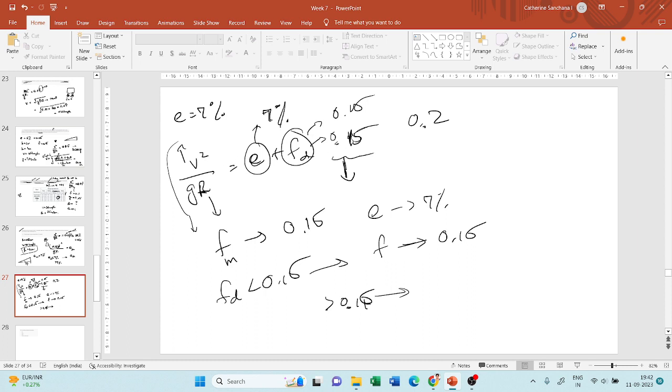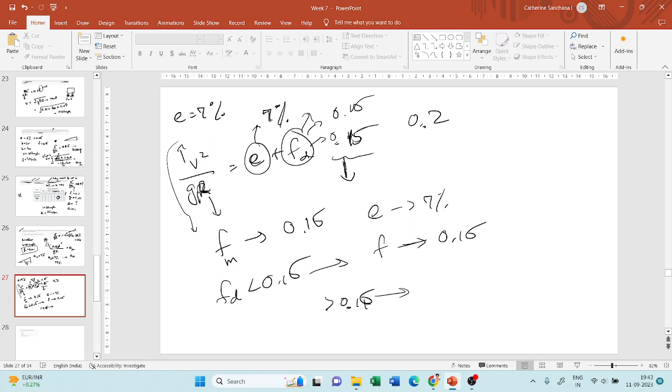So what I have to tell the users is, I cannot do anything about it. I have fixed the maximum super elevation, the maximum friction has also been reached, so I will ask the users to reduce the speed of vehicles. Okay, that is the only thing that I can do.